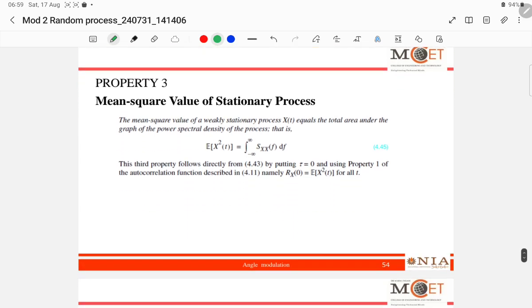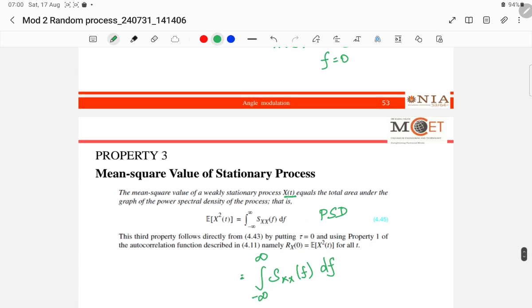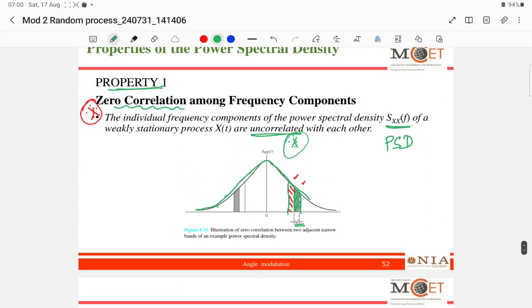The third property is the mean square value of your input random process x(t). This is nothing but the total area under the power spectral density. Total area means integration over all the frequencies of the power spectral density of the random process, so this is df. You can take your equation 4.43.